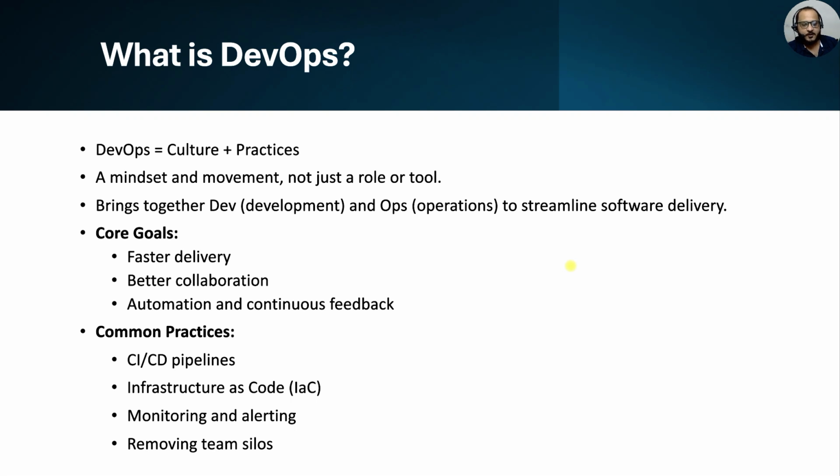Common practices include creating CI/CD pipelines, infrastructure as code, setting up monitoring and alerting, and removing silos between the teams. So DevOps removes the gap between development and operations so it can deliver the software or application much faster. It is a collective effort of both teams, development and operations.